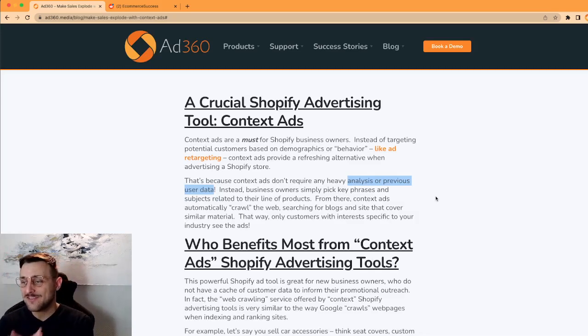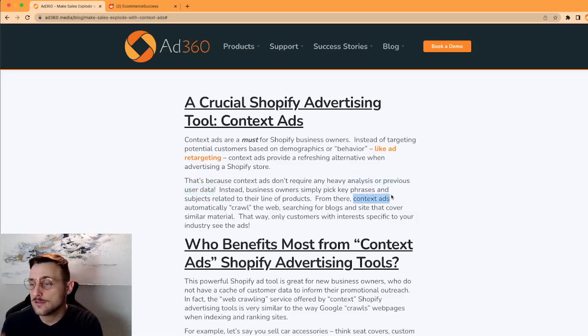If you don't have that info, at least you know what you're selling. So sometimes contextual ads are easier to run, and it's actually something that can yield benefits much quicker and much more easily than, for example, retargeting ads or behavioral targeting ads.